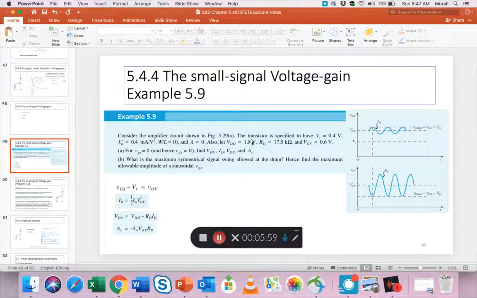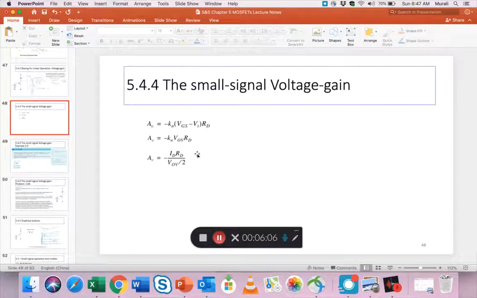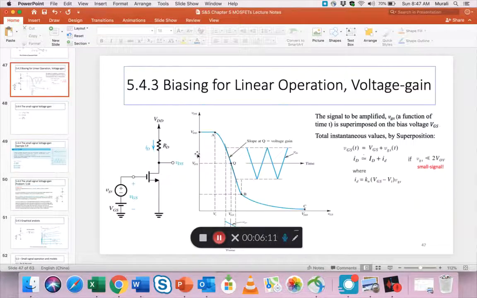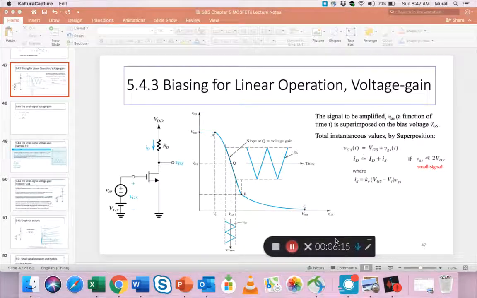He doesn't specify exactly that this is the Q point, but the way the problem is written, I'm summarizing that he wants us to find Q, the coordinates of Q. He's already given us one coordinate, VGS, and he wants us to find VDS.